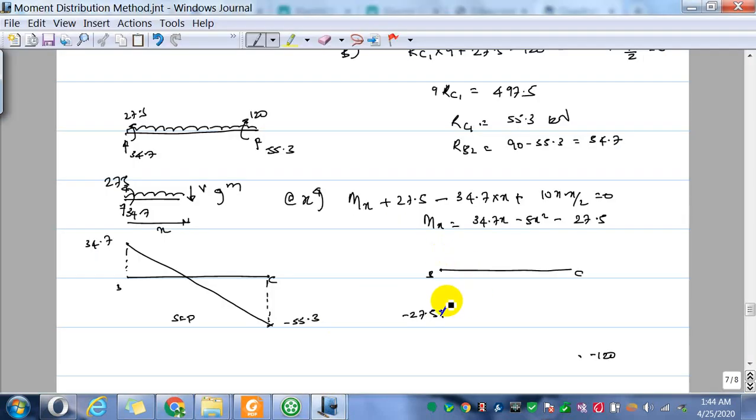So it cuts the horizontal x-axis. In that case you will have a curve, something like this. That is the bending moment diagram for BC.